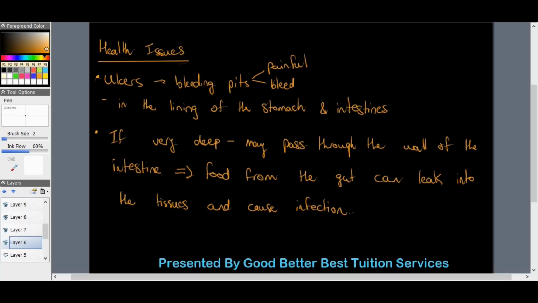A couple of other health issues are anorexia, where people are anorexic, and of course diarrhea, another serious health issue, where feces are very watery and cannot be held in the body.